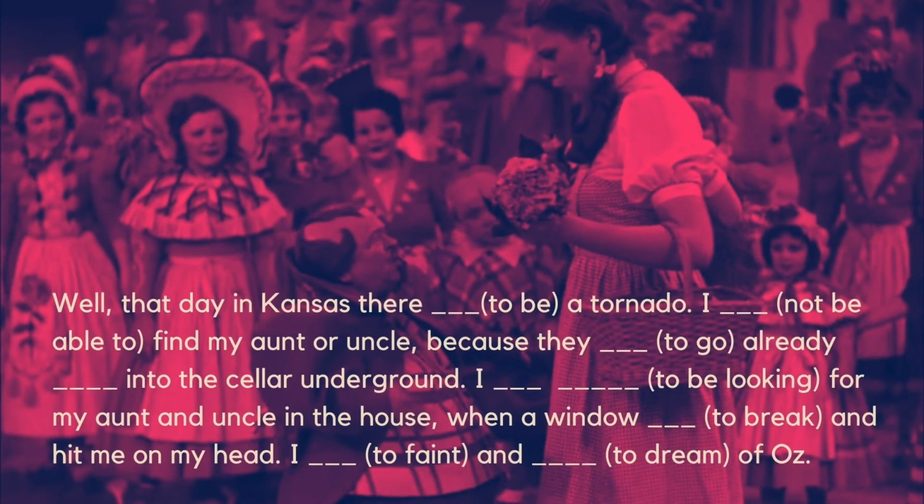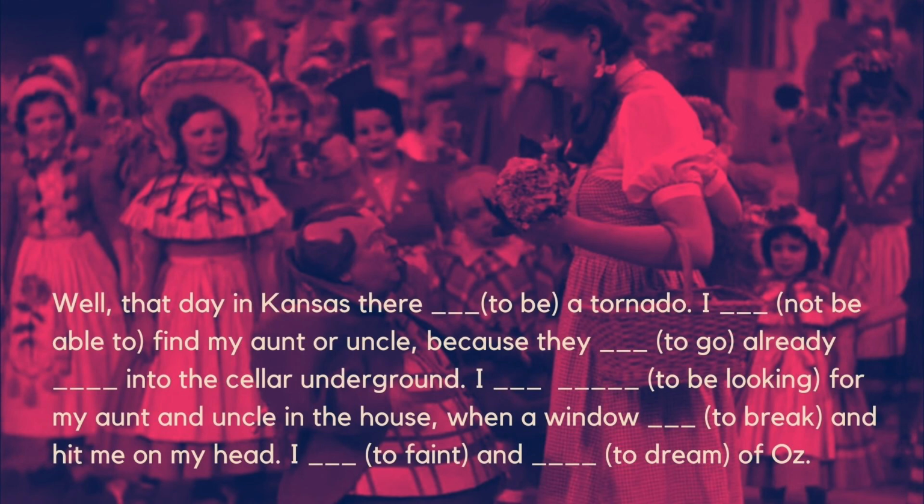Practice retelling the story now. Well, that day in Kansas, there to be a tornado. I not be able to find my aunt or uncle because they to go already into the cellar underground.